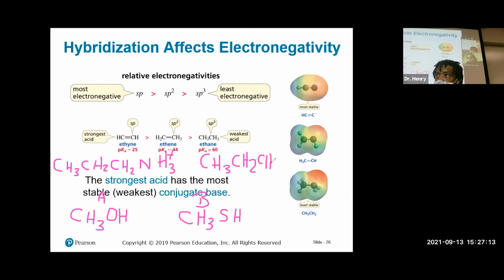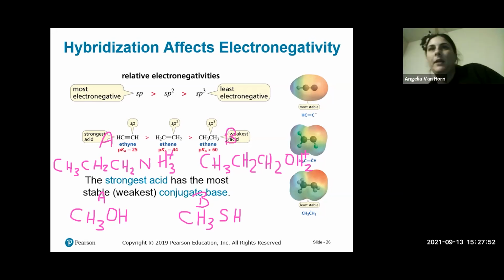CH2 O H3 plus. Oh, sorry. Screwed up. It should be 2 plus. There we go. Which one is the stronger acid? So A or B? A or B?